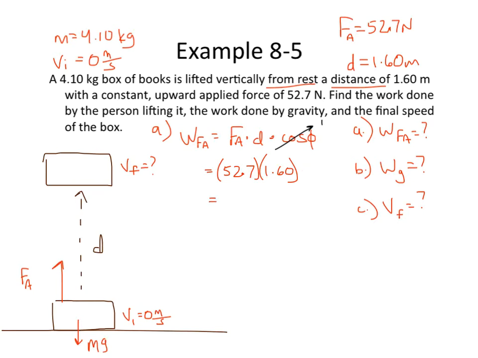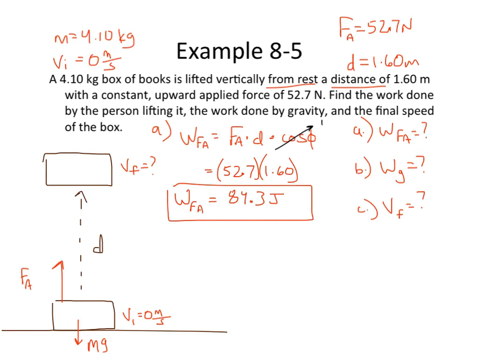So the work done by the applied force upwards is 52.7 times 1.60. And I get a grand total of 84.3 joules. The work done by the applied force, that is applied and supplied by the person who's lifting it.